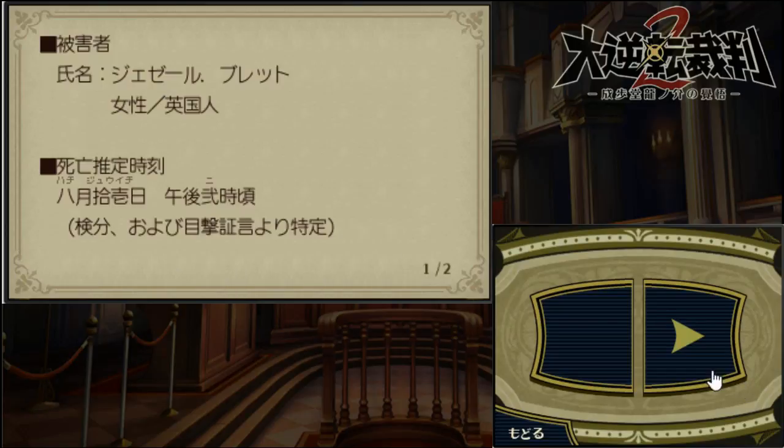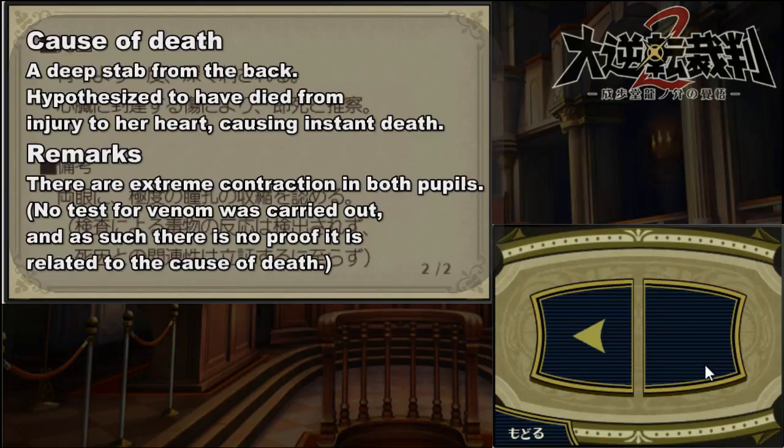Cause of death, a deep stab from the back, hypothesized to have died from injury to her heart, causing instant death. Remarks. There are extreme contractions in both pupils. No test for venom was carried out, and as such there is no proof it is related to the cause of death. Did we learn nothing from the first trial in DGS 1?